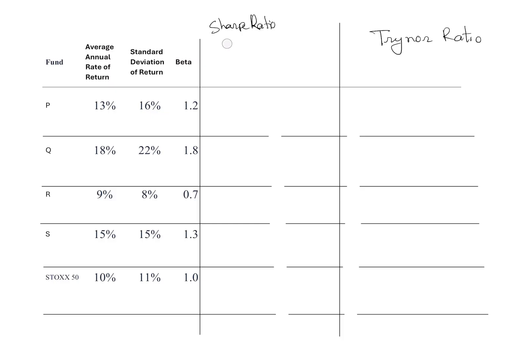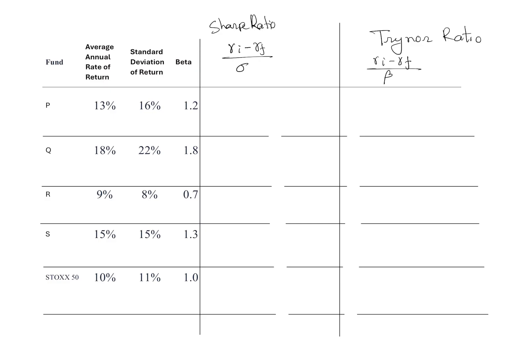Let's look into the formula. The Sharpe ratio uses the excess return, so R for the fund, let's put R_i, minus R_f, divided by the sigma. The Treynor ratio is the same: the numerator is the excess return, and the denominator is the beta.